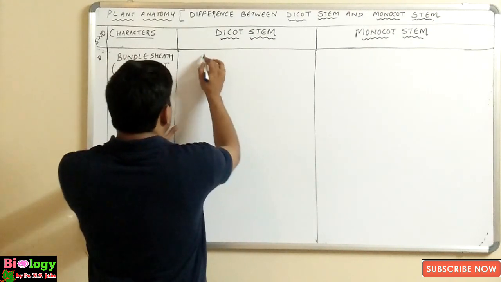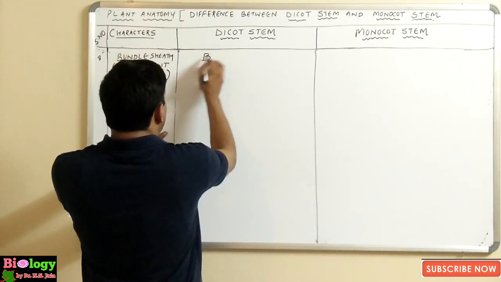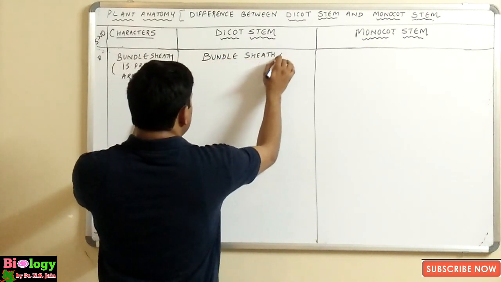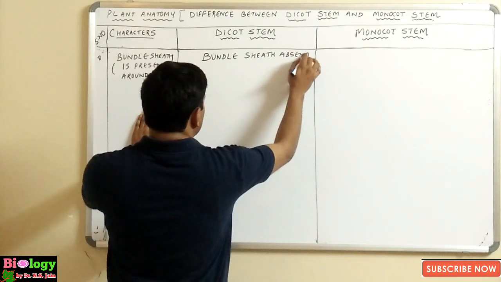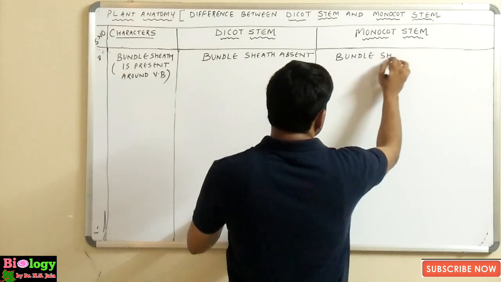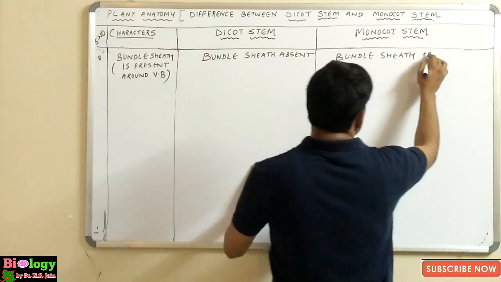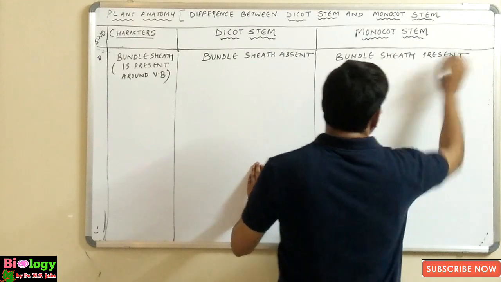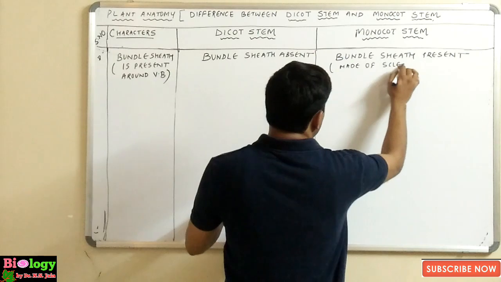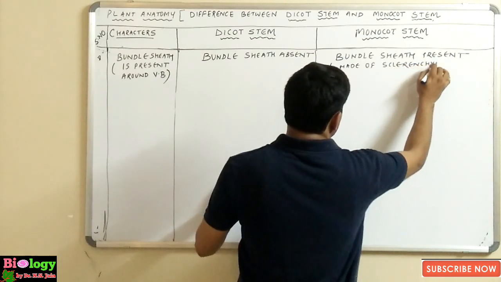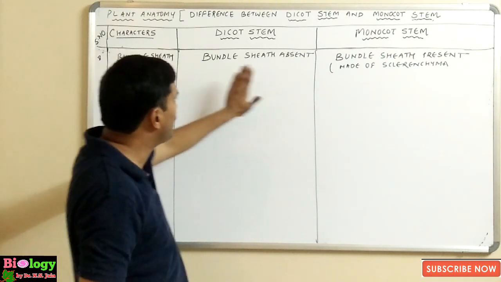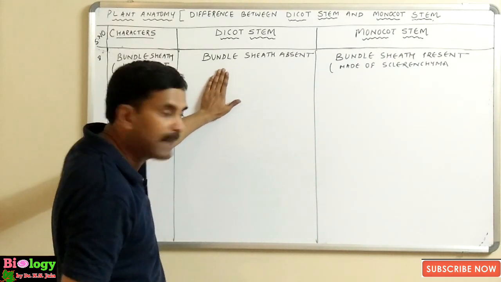Here in the case of the dicot stem, the vascular bundles are without bundle sheath, means bundle sheath is absent. Vascular bundles are not surrounded by bundle sheath, but in the monocot stem the bundle sheath is present, and this bundle sheath is made of sclerenchyma, means the vascular bundles are surrounded by a bundle sheath made up of sclerenchyma, but in dicot stem the bundle sheath is absent.